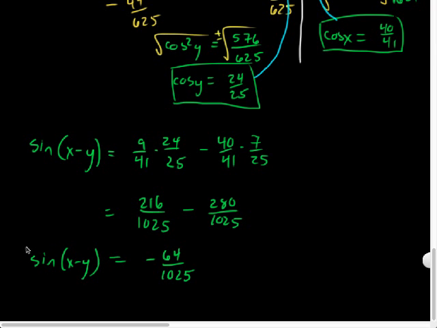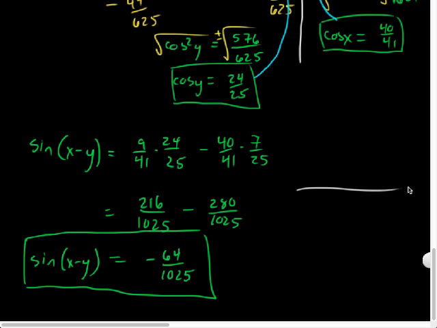Now, does this make sense for the minus part? Now think about what we knew. We knew we were in quadrant 1 for both angle x. Say this is angle x, and let's say this whole angle is angle y. All right. If I do angle x minus y, and both of these angles are less than 90 degrees, what quadrant am I landing in?